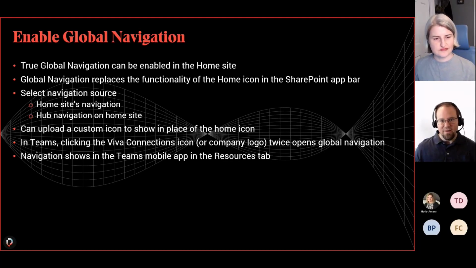We can still get to that SharePoint landing page by clicking the SharePoint text at the very top of the page towards the left. That SharePoint text in the suite bar still gets us there, but we can now set the global navigation source. So if we have, say, the home page of our site has a nicely built out hub navigation or nicely built out navigation in the header, we can select either one of those sources as the global navigation.